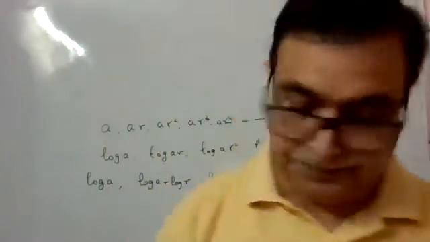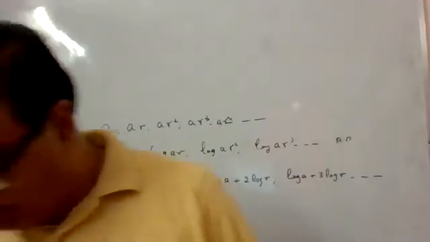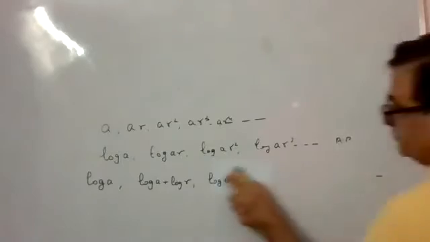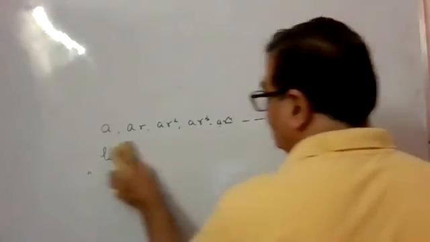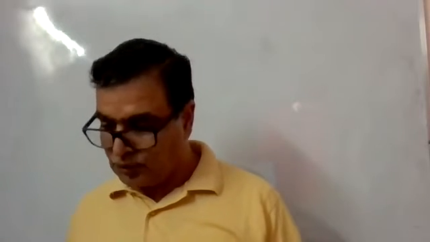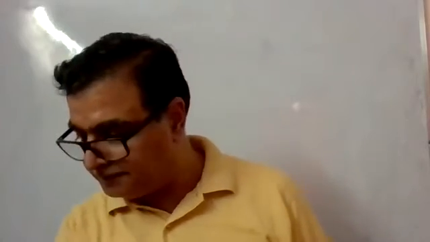Write first question now. If P, Q, R are in AP, then show that the Pth term, Qth term, and Rth term of a GP are also in GP.